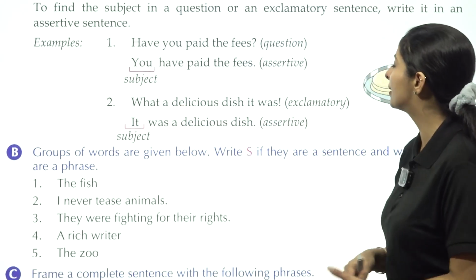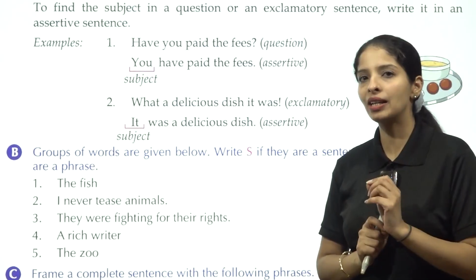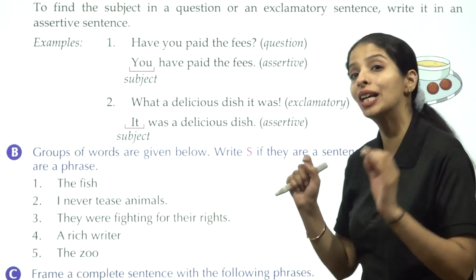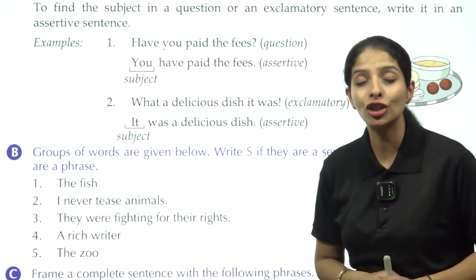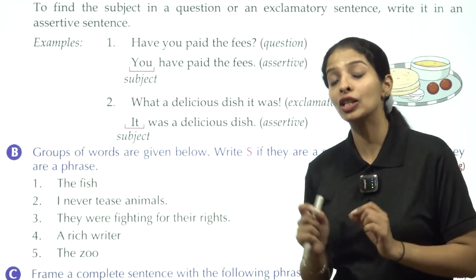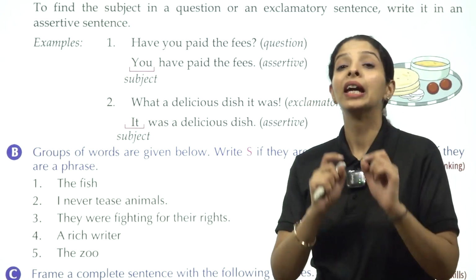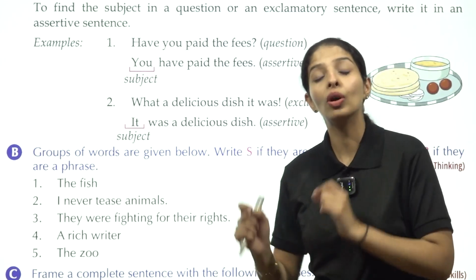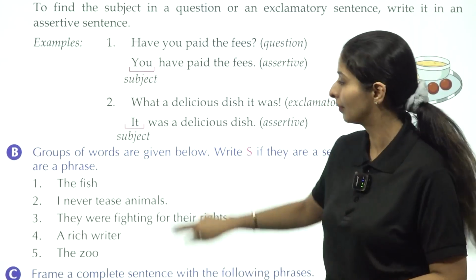"What a delicious dish it was!" is an exclamatory sentence. How to convert it to know the subject? "It was a delicious dish." So it is an assertive sentence. You convert exclamatory and interrogative sentences to assertive to know the subject and the predicate.